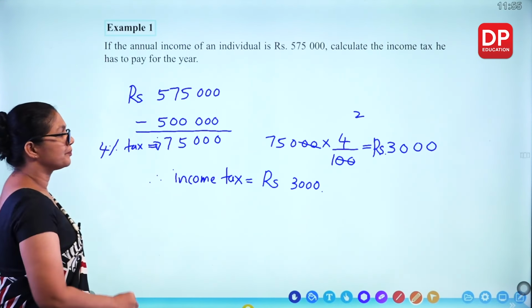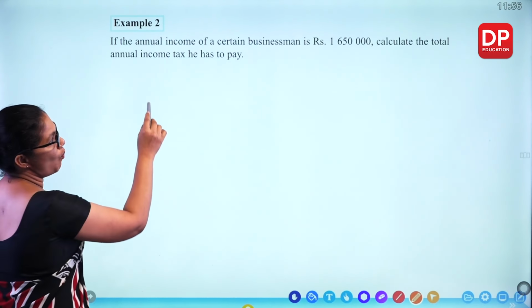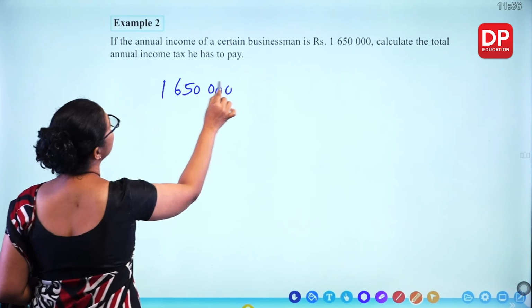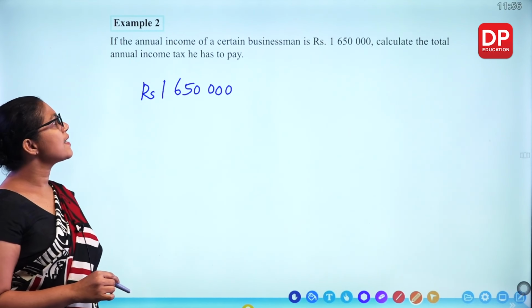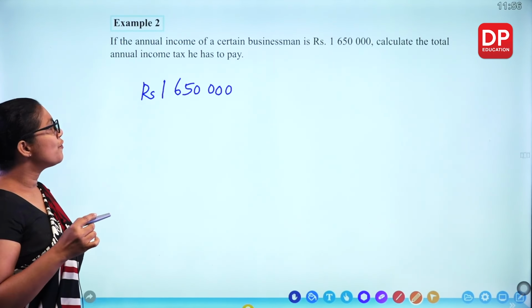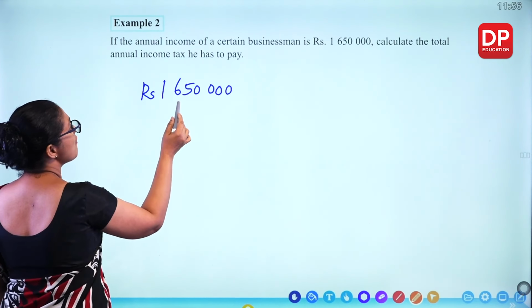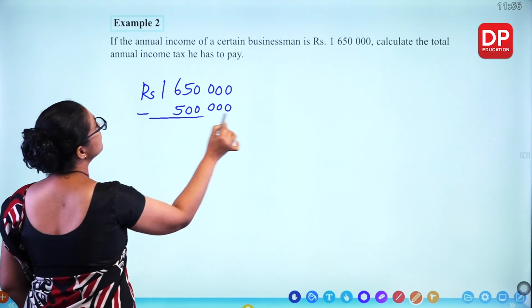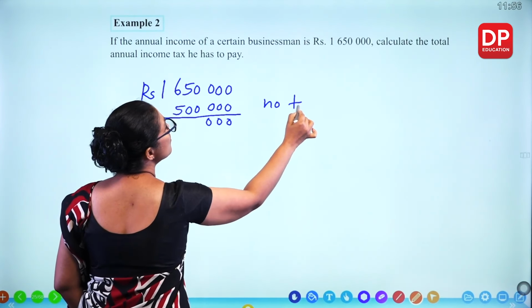Example number 2. If the annual income of a certain businessman is 1,650,000 rupees, calculate the total annual income tax he has to pay. So for the first 500,000, there's no tax, so we have to subtract 500,000 from this. I'll write no tax for that.